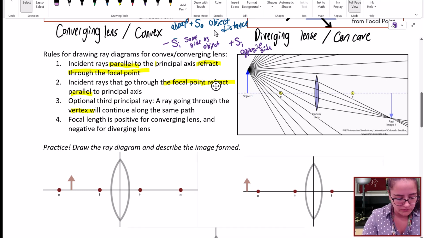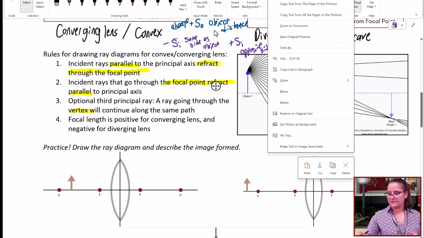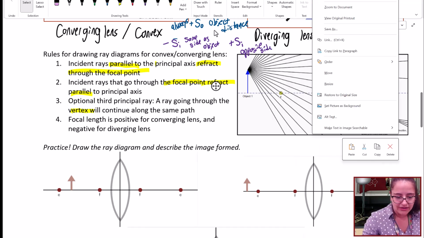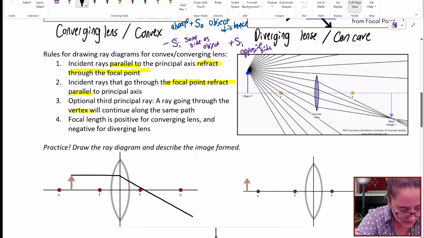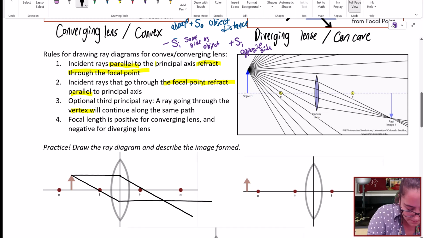We're gonna start with this first one. Grab your rulers. And like lenses, our first ray is going to go parallel and then refract through the focal point. Where rays that go through the focal point, okay, we draw them through the near focal point, will refract parallel. Okay, so we can see our image there.